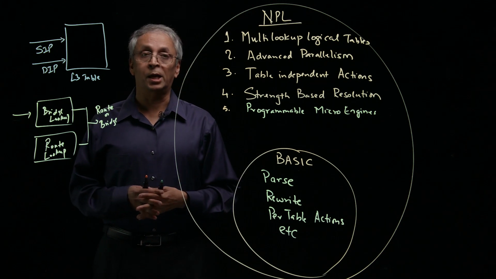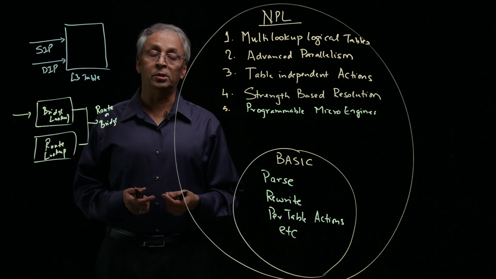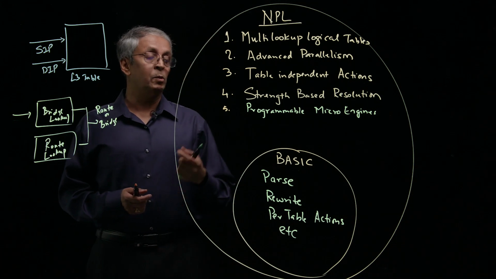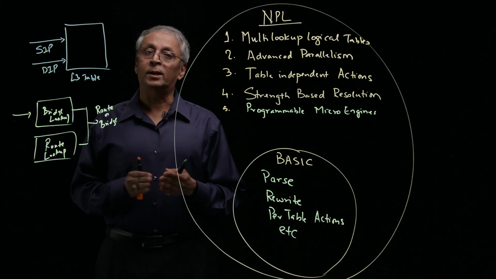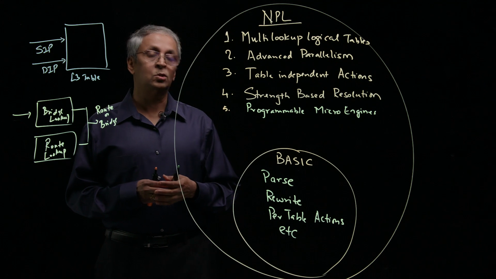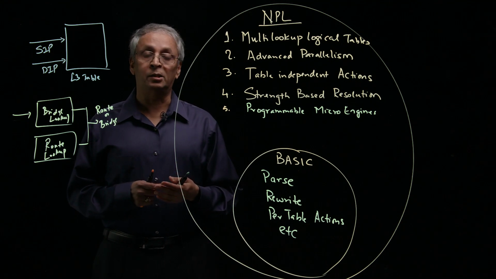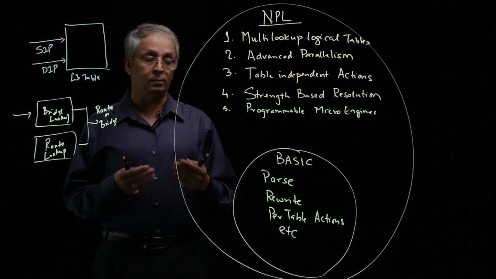For example, hashing, which is used in ECMP, LAG resolution, and so on. We want to have an efficient hardware implementation. The inputs to such an engine are programmable, the output can also be flexibly interpreted, and all of these can be defined in the NPL by the user.